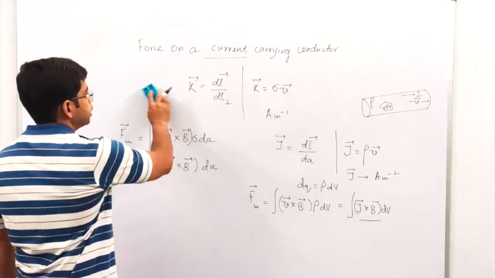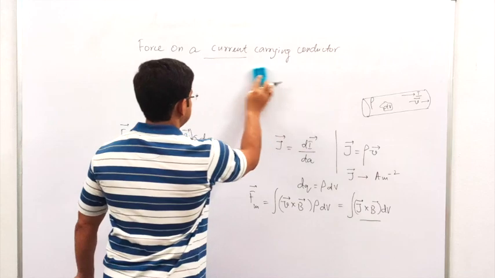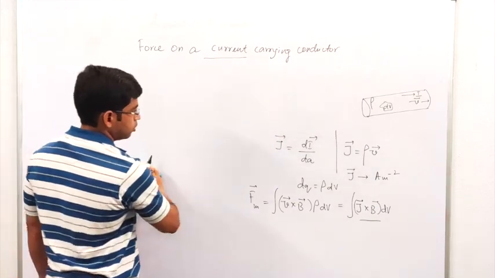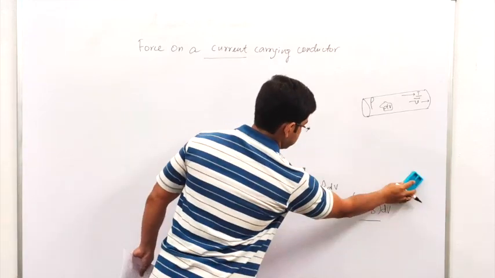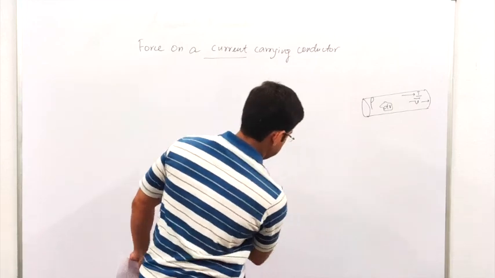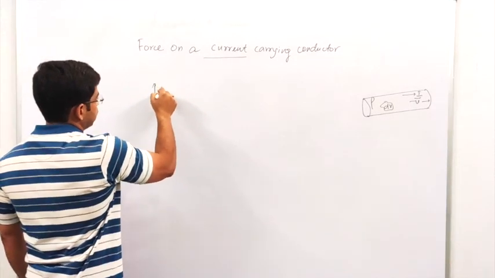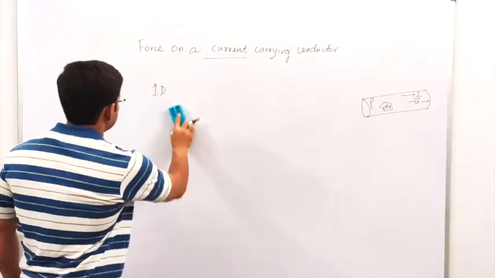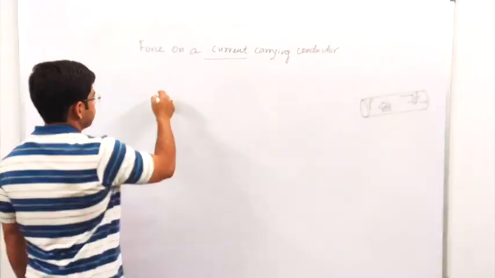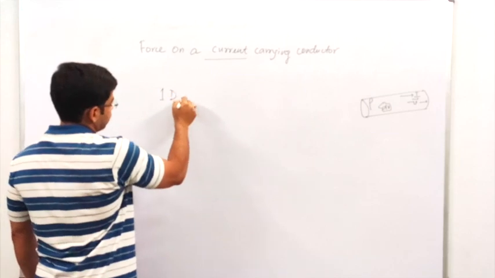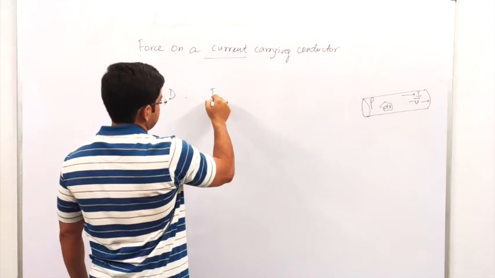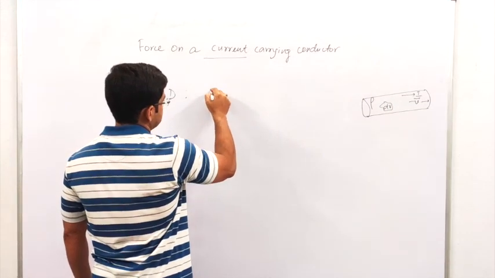So let us now summarize the expressions for the magnetic force for one dimension, two dimension, and three dimension. In one dimension, we have the magnetic force.